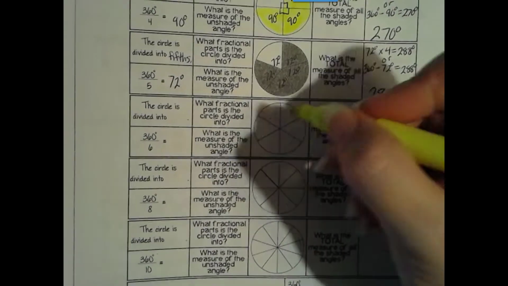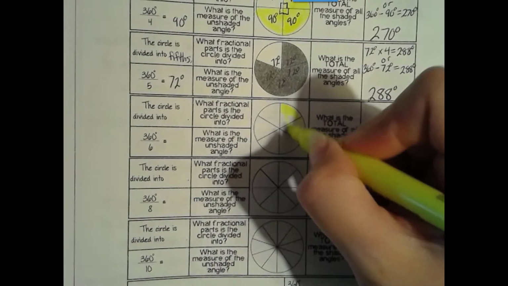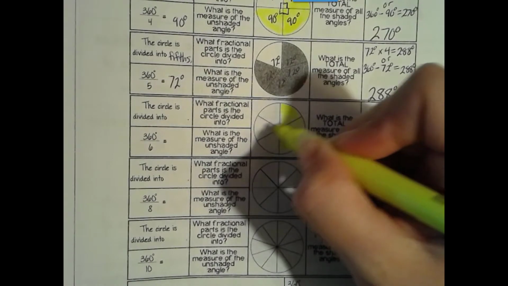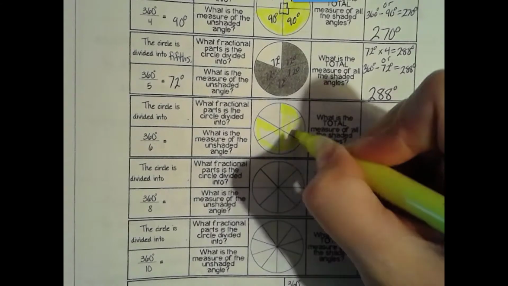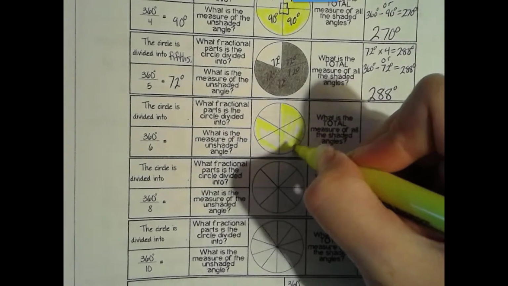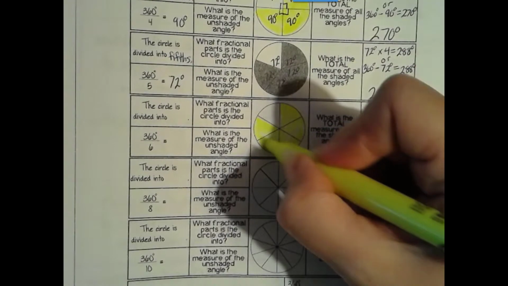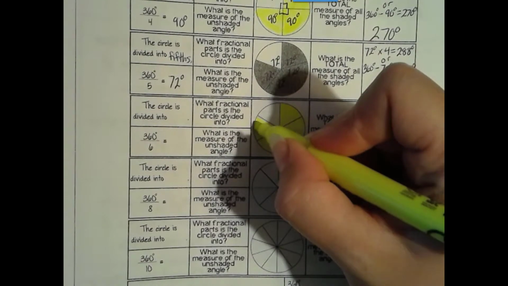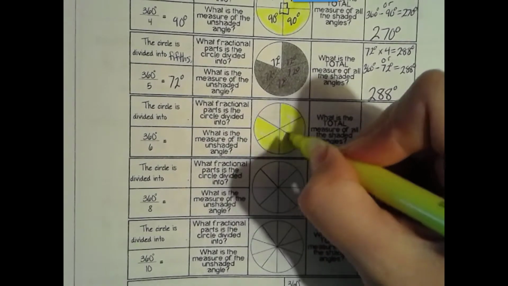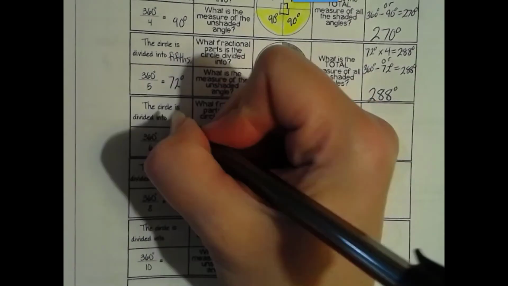Okay, so this one we're going to need to shade in 5 of the 6 pieces. So this is cut into sixths.